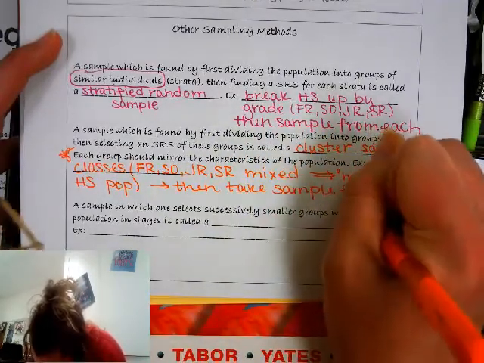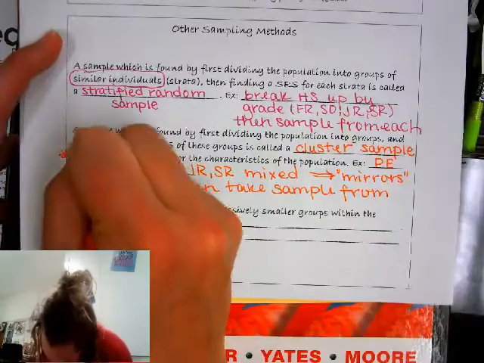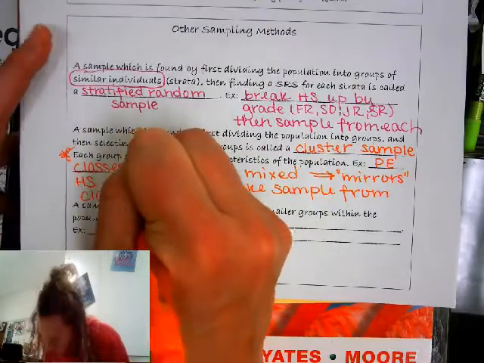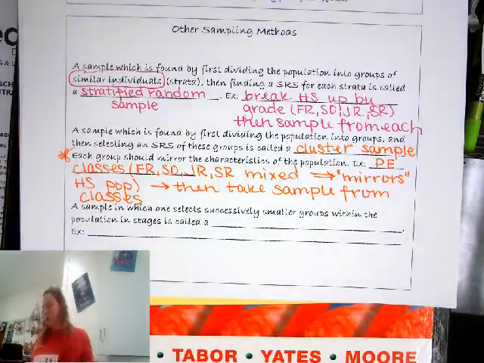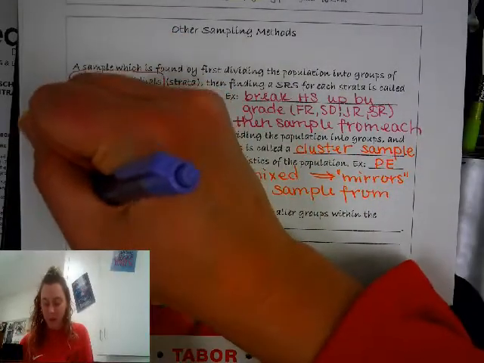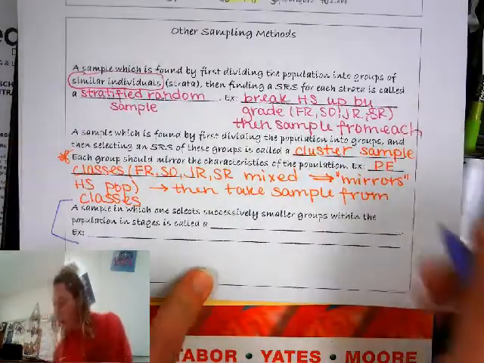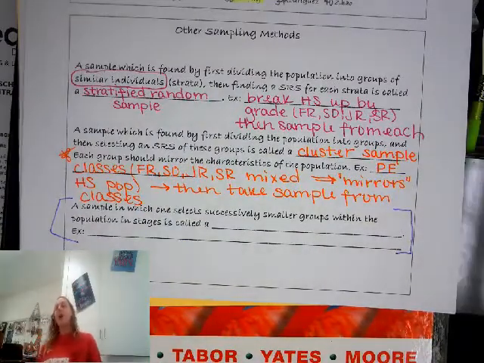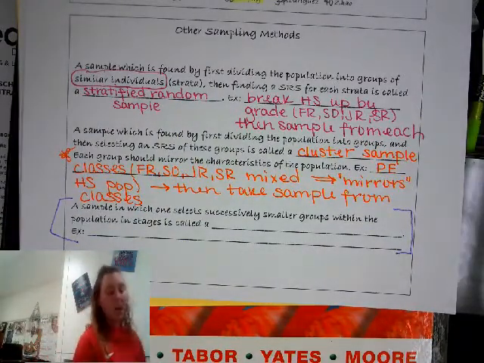All right, and then the last one, which I always talk about, it's not going to come up, but it comes up in life. So I like to put it in there, but we don't use it in statistics, at least not this level of statistics.